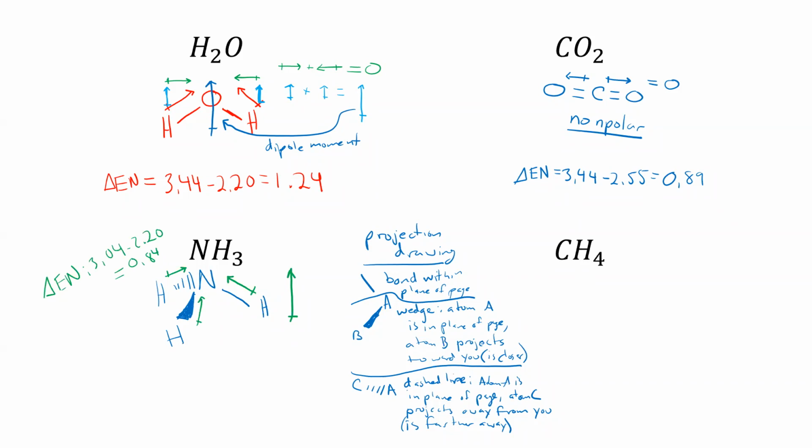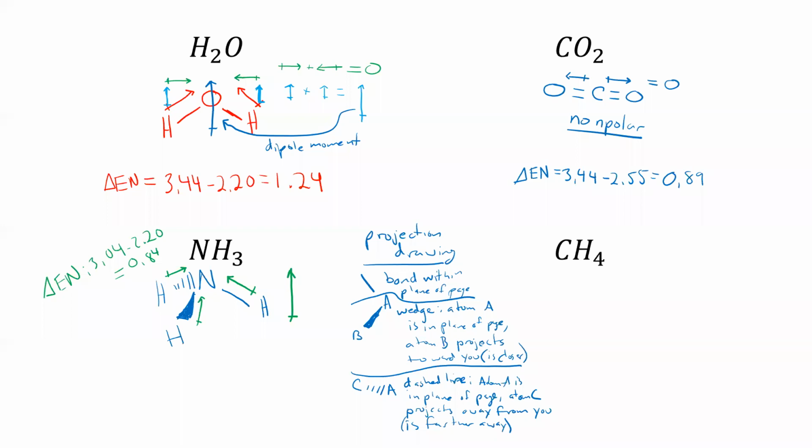If you were to draw a line from the middle of the nitrogen down right in the middle of those 3 hydrogens, that would give you an idea of the directionality of that bond polarity.